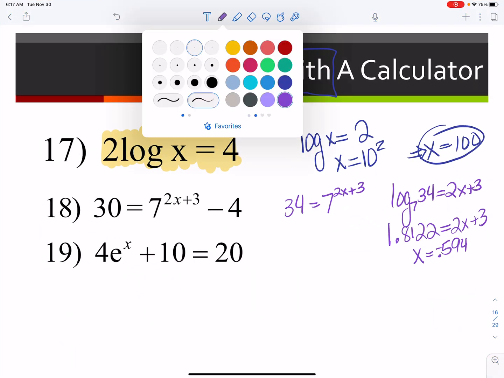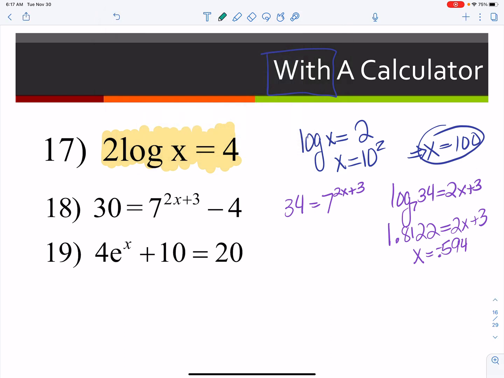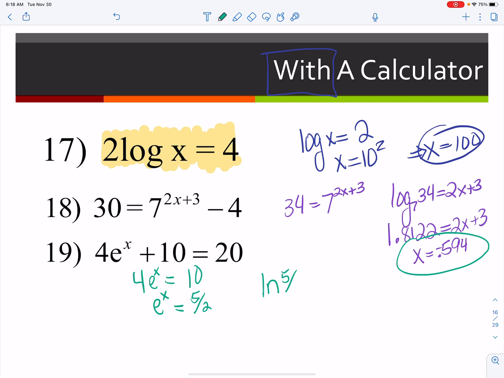All right, so then on the next one, I would subtract the 10 first. And I don't have to check this blue answer. It has to be right because it's an exponent, okay? So 4e to the x equals 10. And then I would divide by that. So 10 divided by 4, that's 5 halves or 2.5. My x is in the exponent, so I'm going to do the ln of 5 halves equals x.